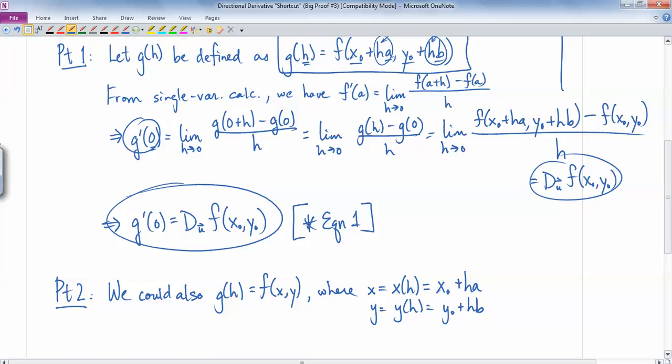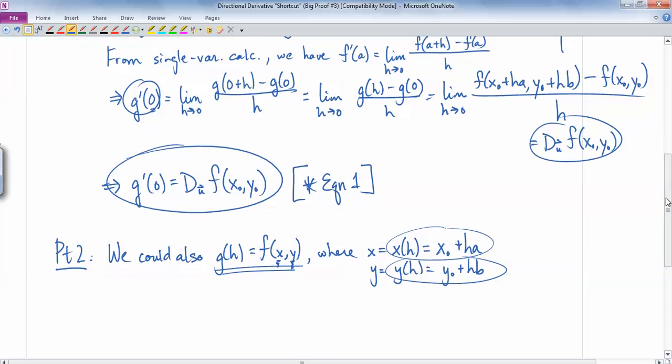And then if you think about it, if I plugged in the x here and the y there, the x naught plus ha, the y naught plus hb, then this thing with these plugged in is really the same exact thing as what's up here in that box. So, okay, we can use the chain rule to find dg/dh.